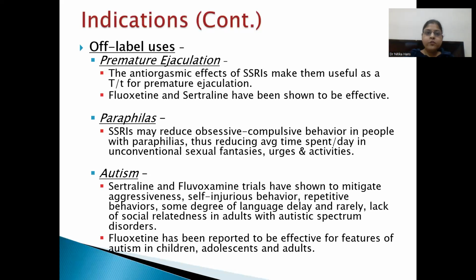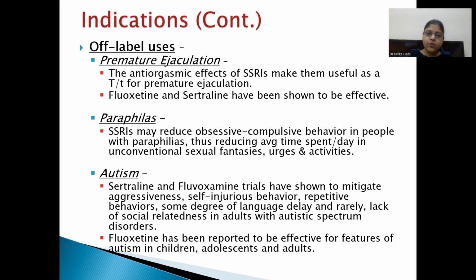Now, what are the off-label uses of the SSRIs? They delay ejaculation, so they can be used in premature ejaculation. Paraphilias: they can reduce obsessive compulsive behavior in people with paraphilias.